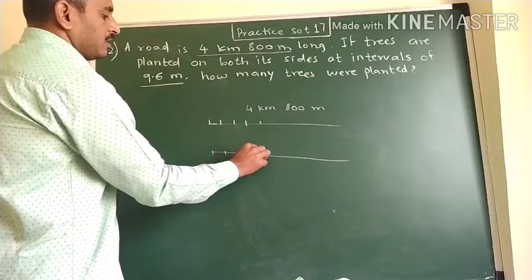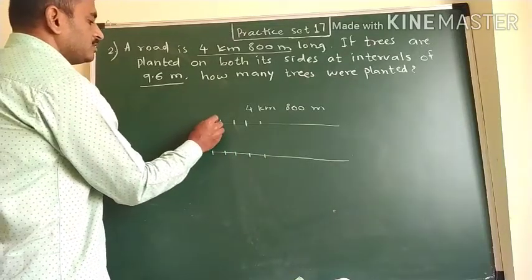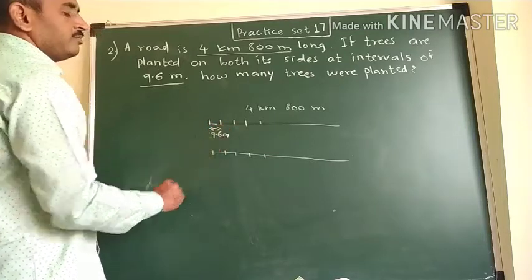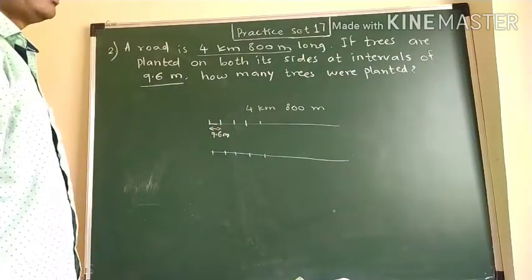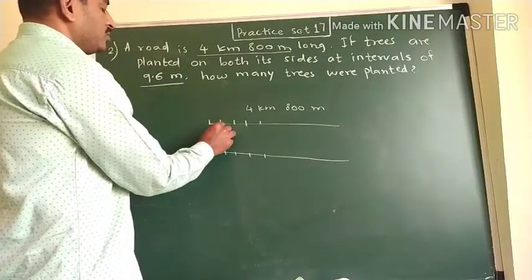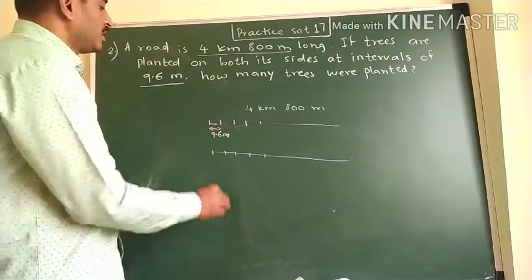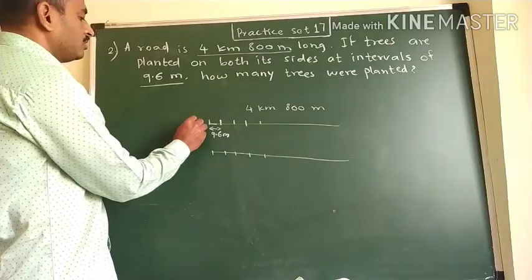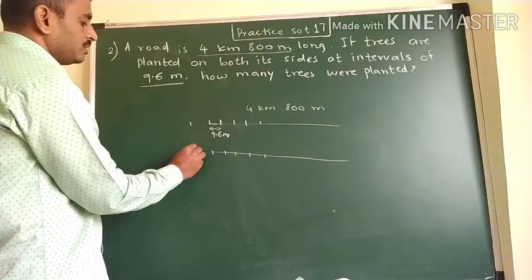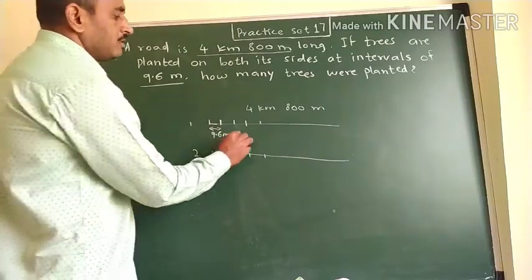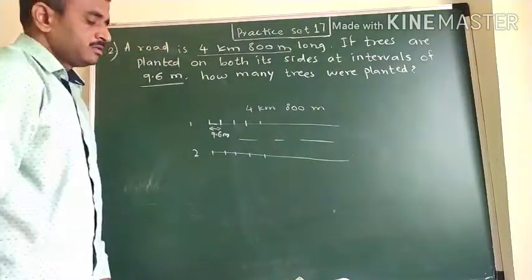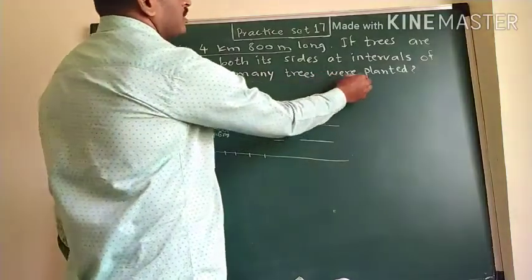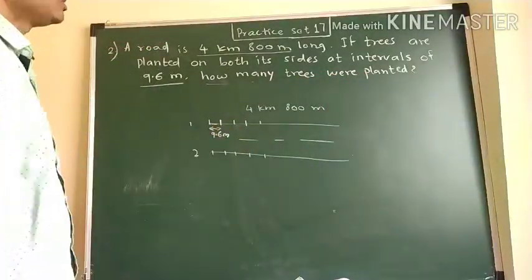These are the trees planted, and this distance is 9.6 meter, and after this 9.6 meter distance another tree we have to plant, on both sides. This is one side, this is the second side of the road. The question is, how many trees were planted on both sides of the road?